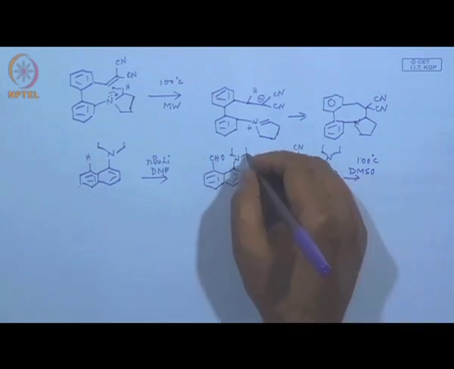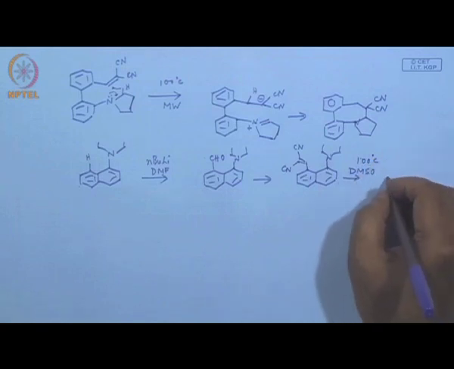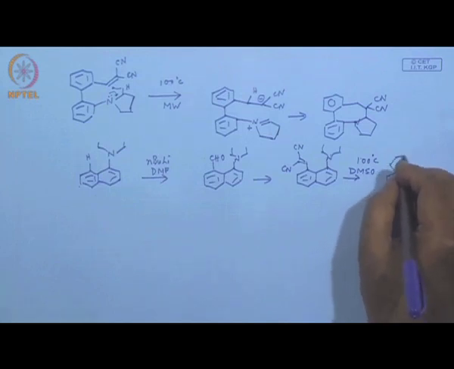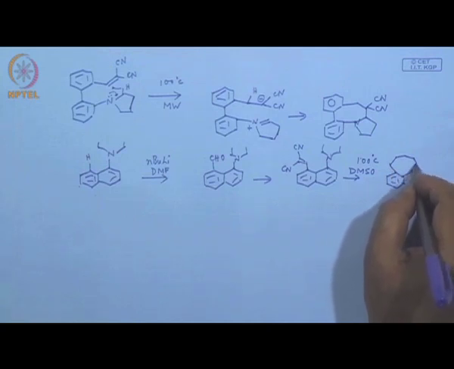That means, if you take the deuterated amine, you get this nice deuterium transfer, and eventually what you will find is the product will contain a 7-membered ring, 1 2 3 4 5 6 7.